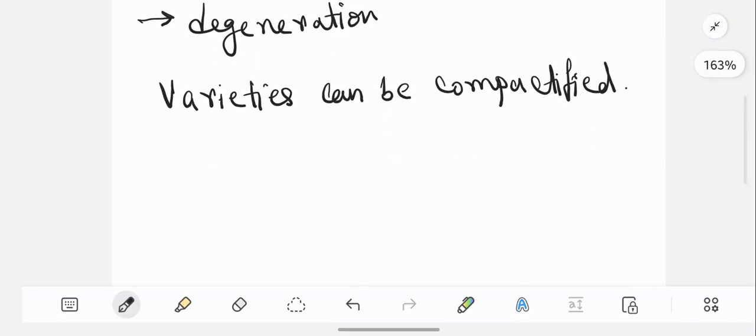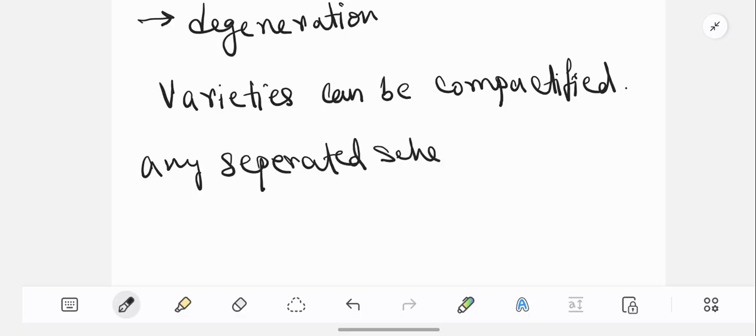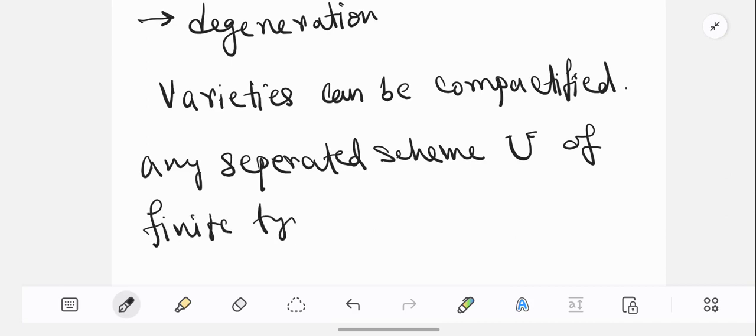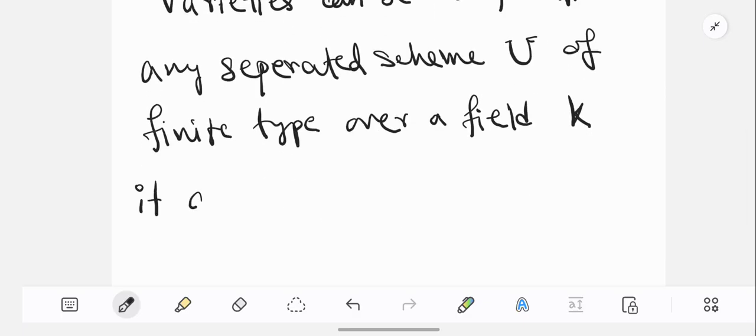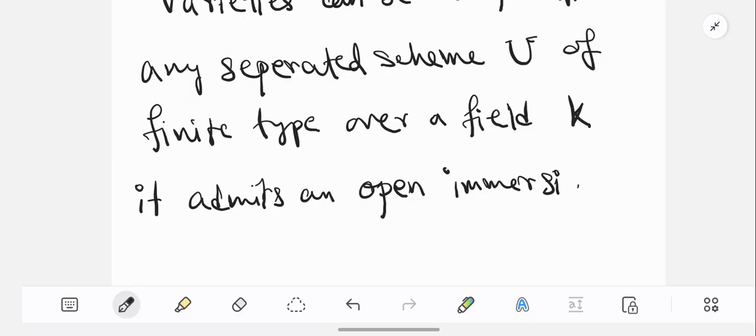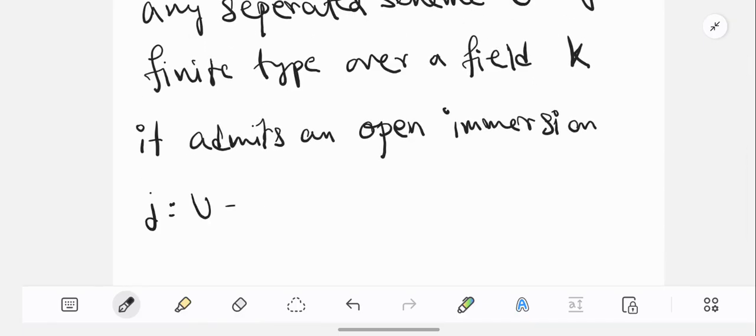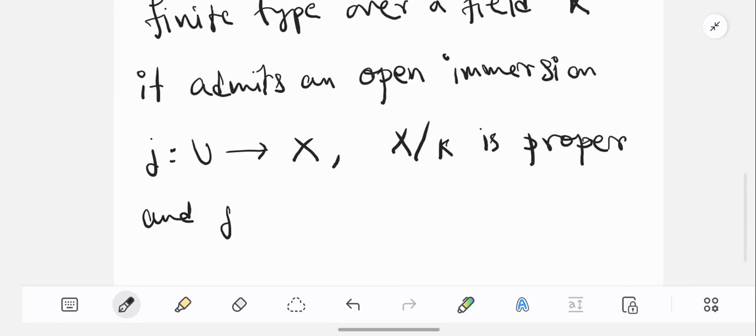That is, if you have any separated scheme U of finite type, say over a field K, then we all know that it admits an open immersion j to X, where X over K is proper and the image j(U) is Zariski dense in X.